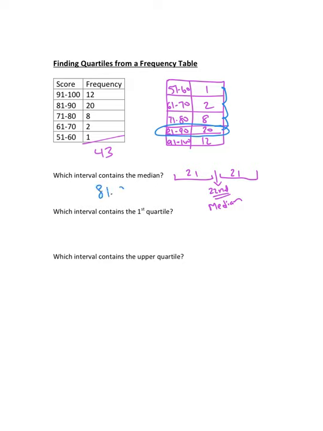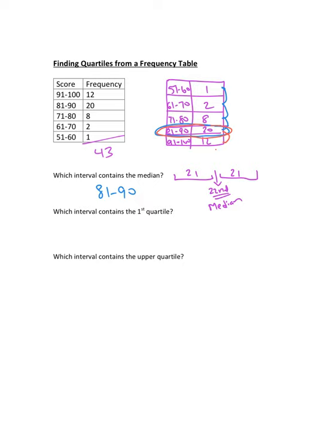The interval that contains the median is 81 to 90. And I would have gotten the same answer going the other direction if I had gone from the upper end. If I had gone this way, I would add 12 plus 20. That would already take me past the 22nd person also. So that would tell me the median is in the interval 81 to 90.